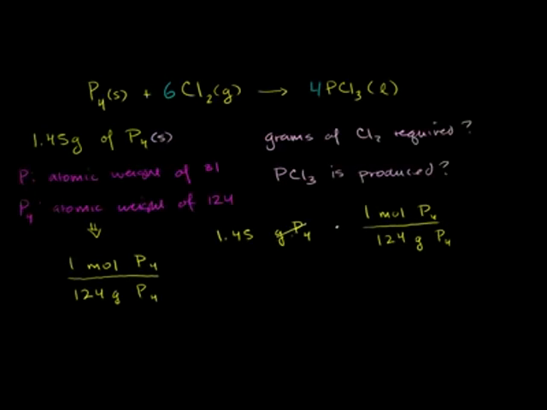The grams of phosphorus cancel, and then we get 1.45 times 1 over 124 moles of molecular phosphorus. And we could figure that out.